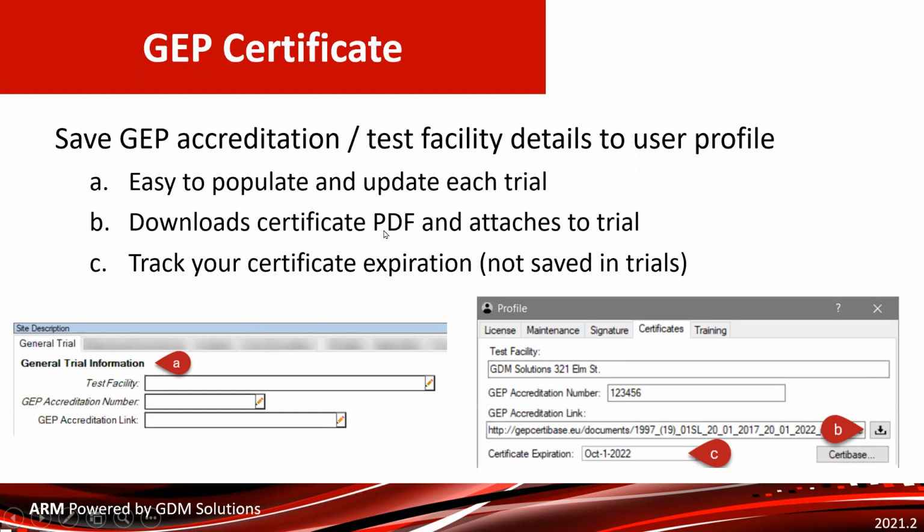We actually also download that certificate PDF and attach it to the trial as well to have that proof of certification. And then we also just have an expiration on the dialogue. That doesn't get saved into the trial itself, but it's a nice way for myself to double check, oh, it's coming up this fall. I need to make sure I get that updated. So that's really the goal.